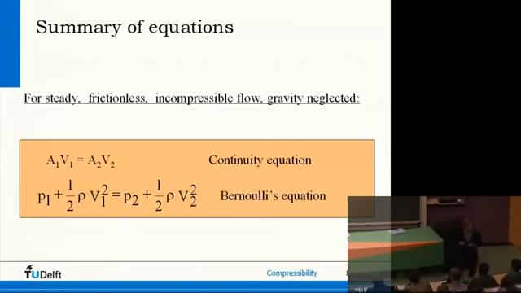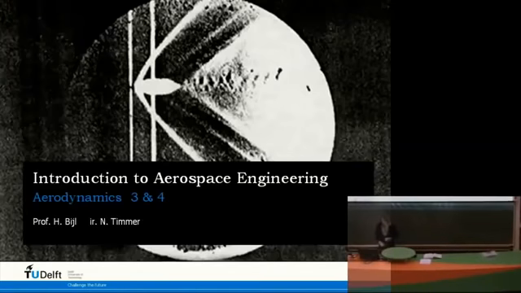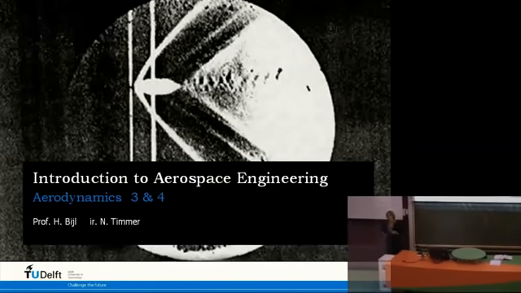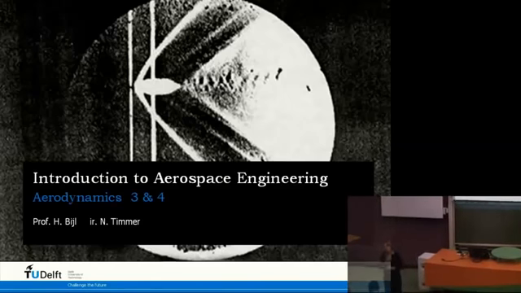Okay, so now today we're going to make the step to compressible flows and see if we can actually derive relations like the Bernoulli equations, relating speeds to these scalar quantities, but then for compressible flows.